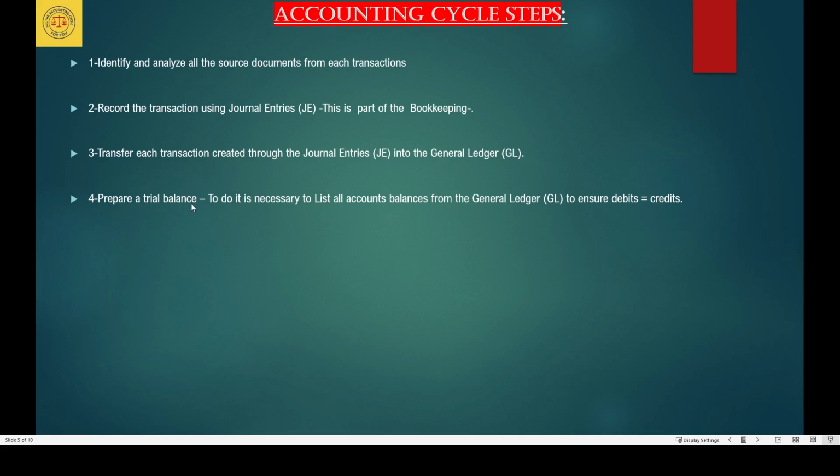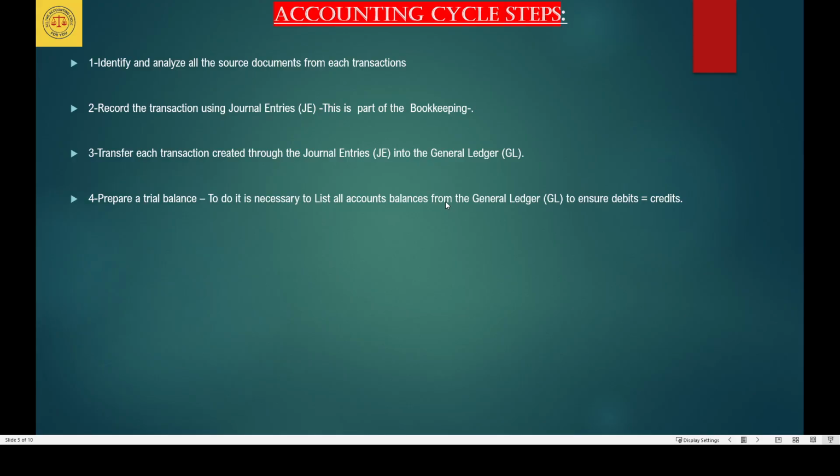Prepare a trial balance. After you go through the first 3 steps, you can prepare a trial balance. What is a trial balance? It's just a list of accounts from the general ledger. You just have the account name, the debit balances, and the credit balances for every single account, and it has to include 100% of the accounts that you have in your books.